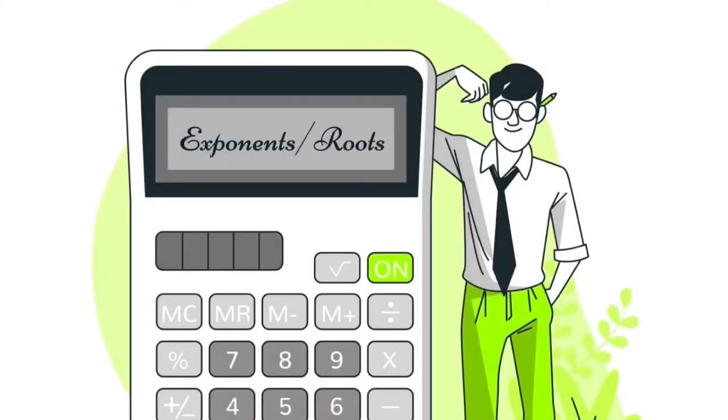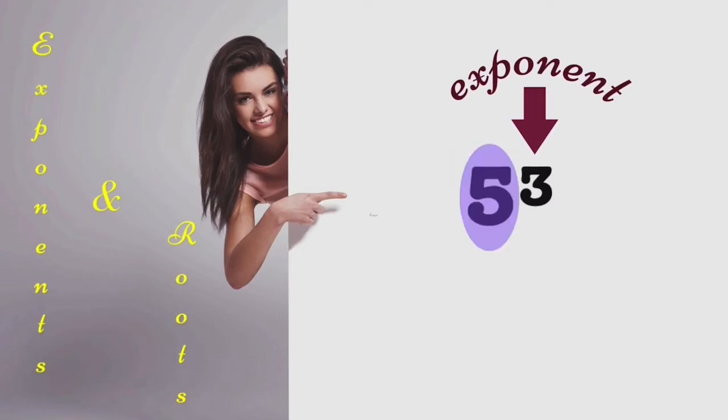Exponents and roots. An exponent looks like this. The little number tells you how many times to multiply the big number. Based on this exponent, we need to multiply the number 5 by itself for a total of 3 times, which looks like this.